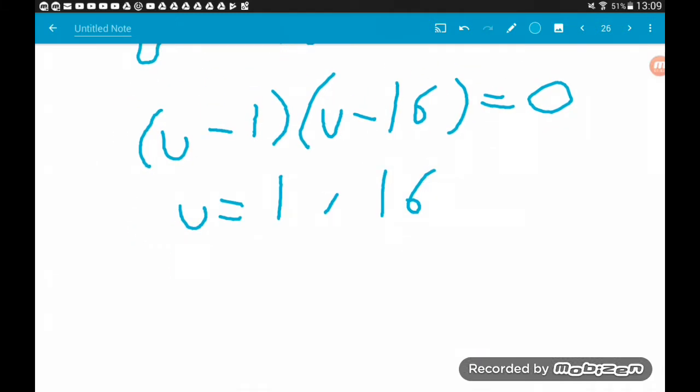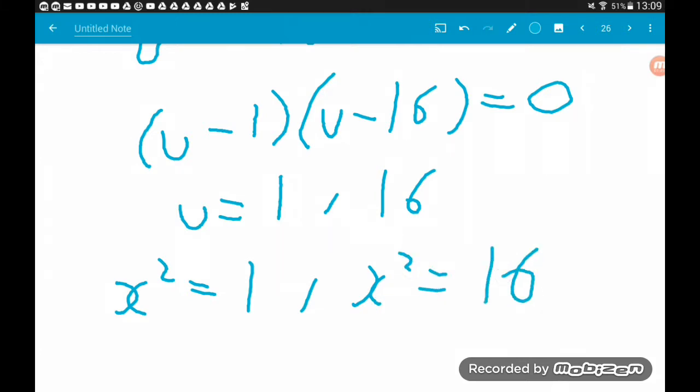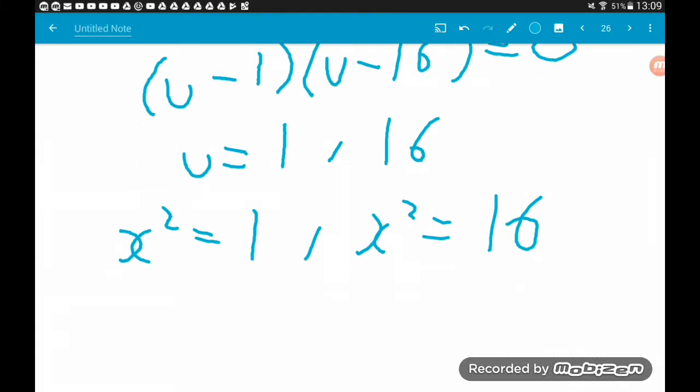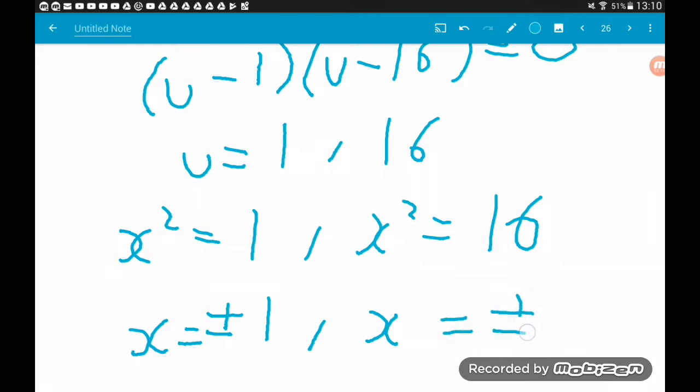So we've actually got x squared is equal to 1 or x squared is equal to 16. So we're going to get 4 roots here. If we now square root both of these, we get x is plus or minus 1, and if we square root the right hand one, we get x is plus or minus 4. So we've got 4 roots to that bad boy.